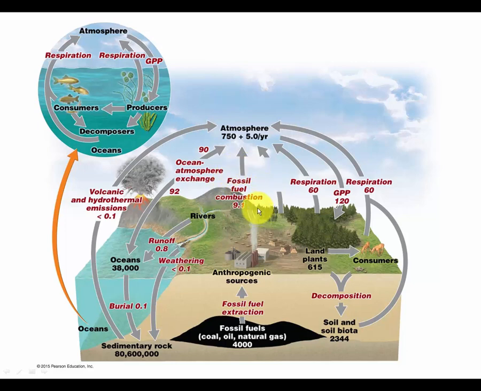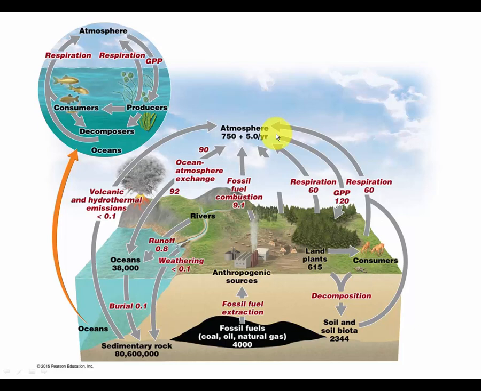Okay, what's happening is that we are pumping a tremendous amount of carbon dioxide into the atmosphere because of the use of fossil fuels, and a lot of it is staying there. Our bacon is actually being saved by a couple of different processes right now.